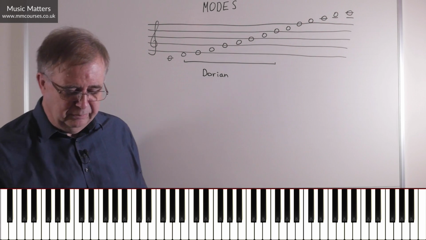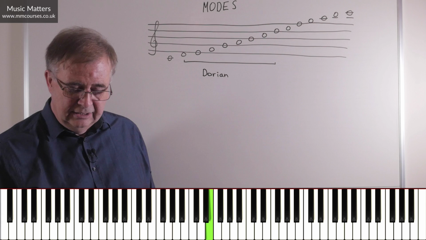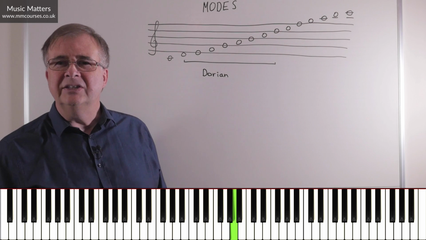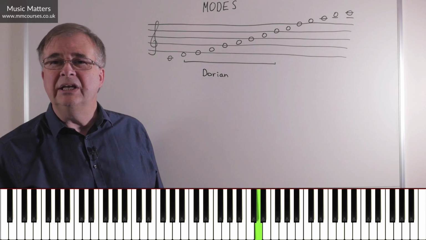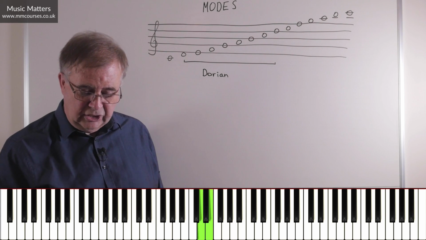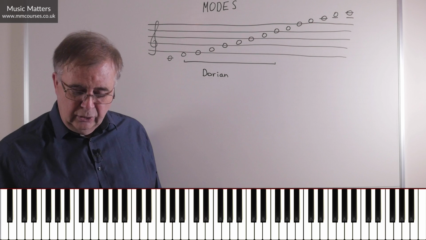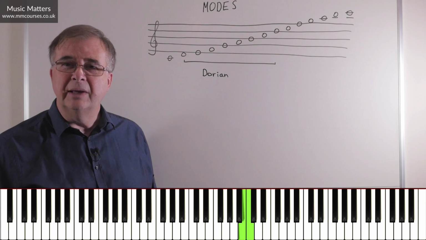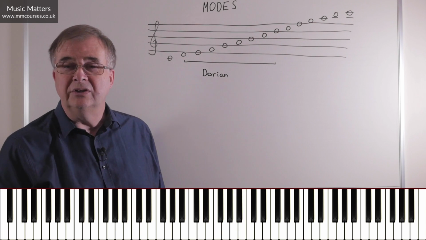Because what we've done by putting an F sharp in it and a C sharp is actually we've transposed the Ionian mode, because in the Ionian mode it goes tone, tone, semitone, tone, tone, tone, semitone, and in D major we do the same thing.